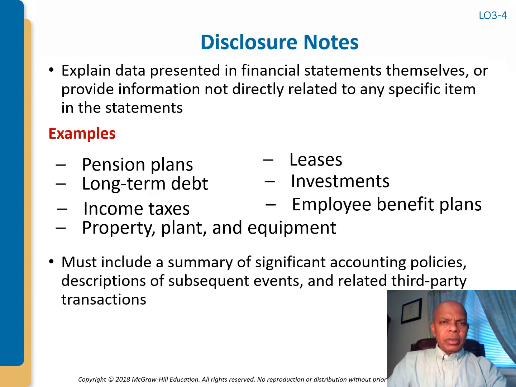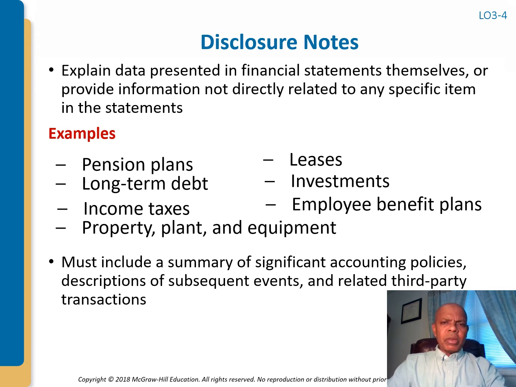Disclosure notes explain data presented in the financial statements themselves or provide information not directly related to any specific item in the statement. Sometimes you have to give some information in the notes: pension plans, how much money you have, what the pension liability is, the leases, also the long-term debt, investments, the material items.